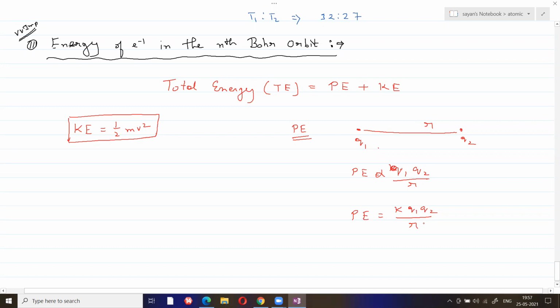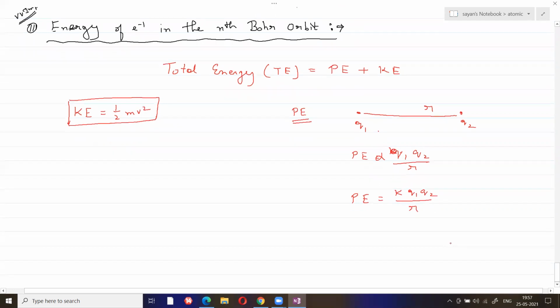Okay, clear? Now look here, this one is the nucleus, this one is the electron. What is the charge of electron? e. What is the charge of nucleus? Ze. So potential energy is K, Ze and e by R with a negative sign.